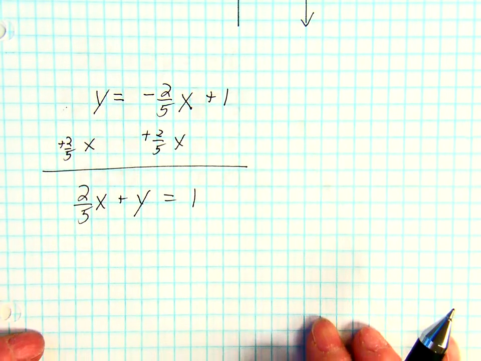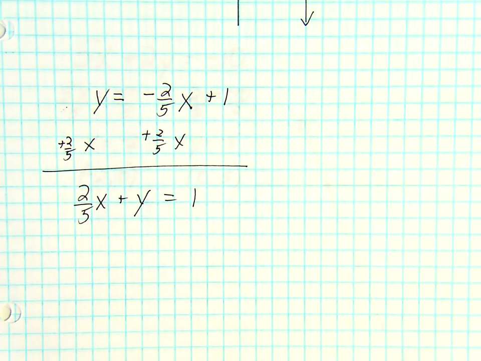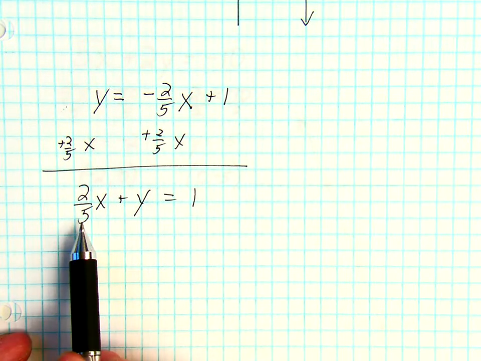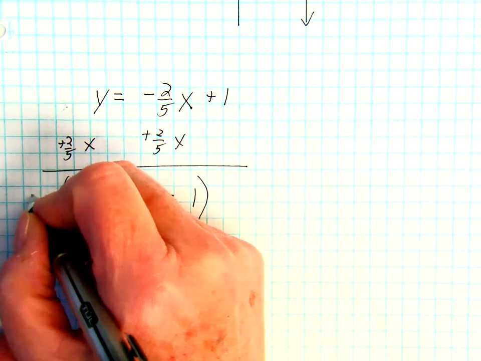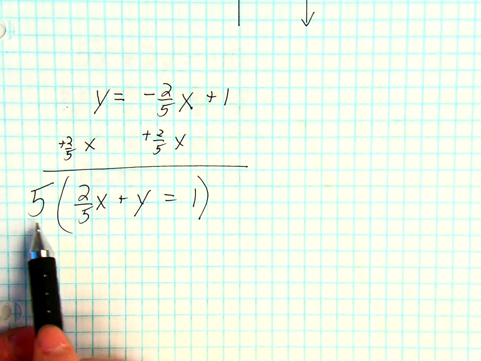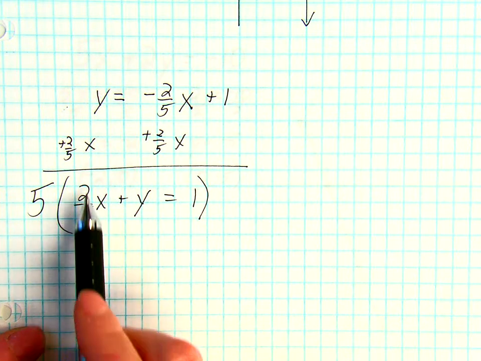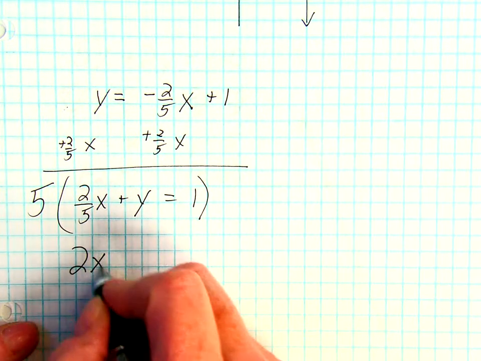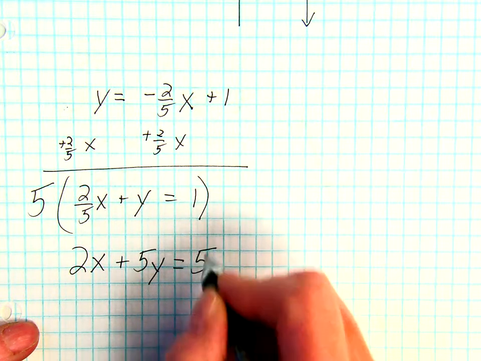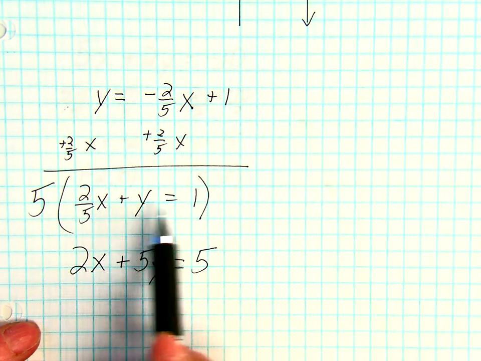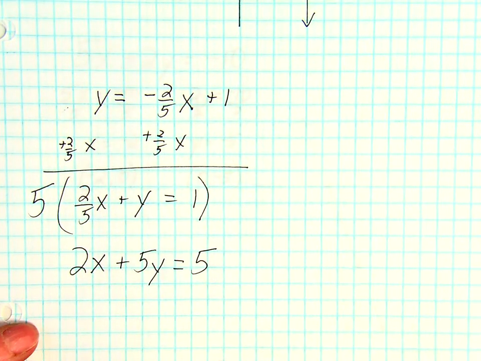Now we're remembering our rule that everything must be in integer form. I've got a fraction here, which is a rational number, not an integer. So in order to get rid of it, I have to multiply everything times the denominator of 5. This gives me 2x plus 5y equals 5. I've got to multiply that 5 times everything in there.